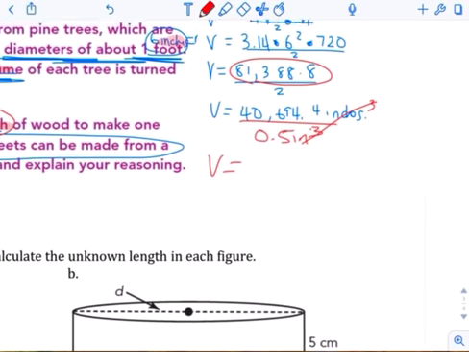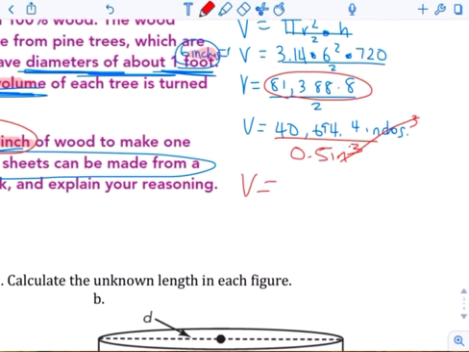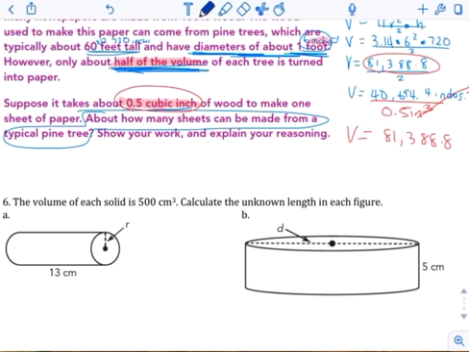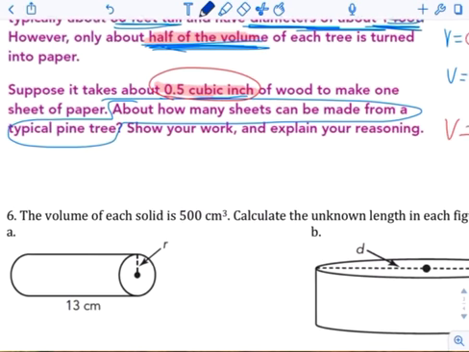So it makes this much paper, 81,388.8 sheets. So 81,388 sheets of paper. How many sheets can be made from a typical pine tree?